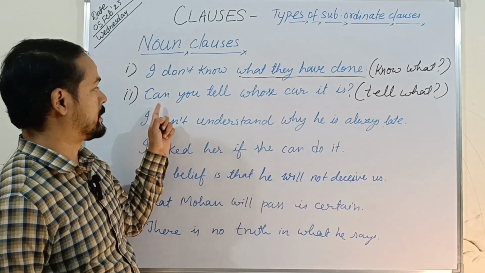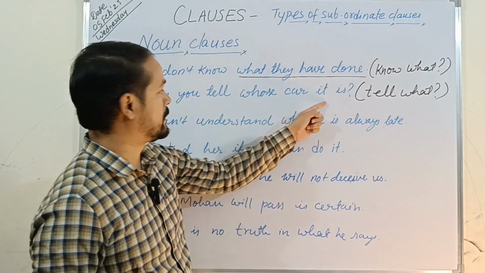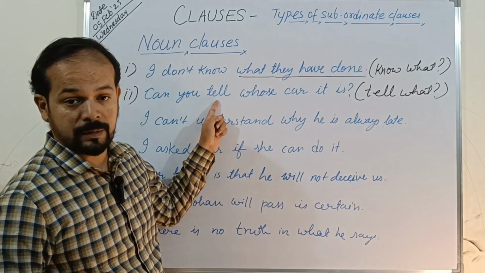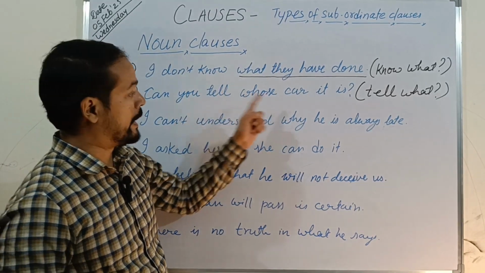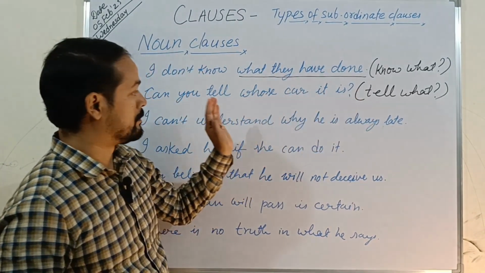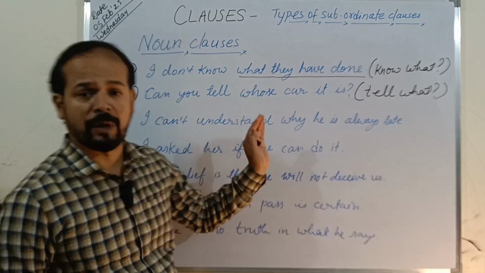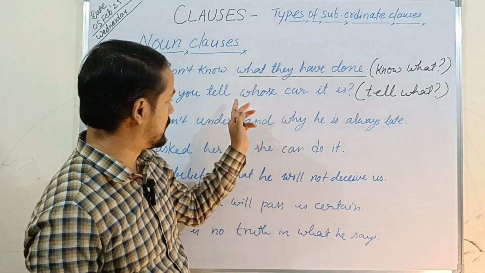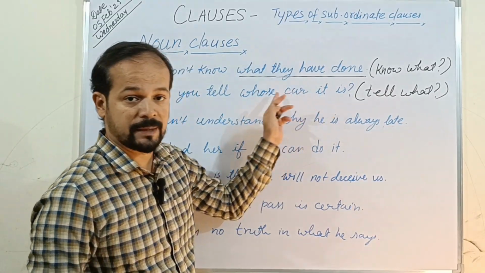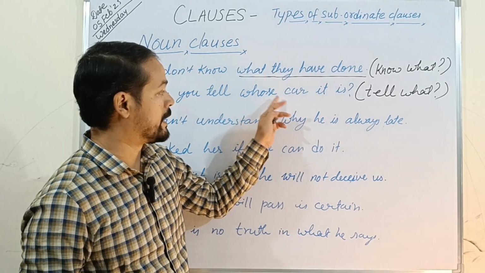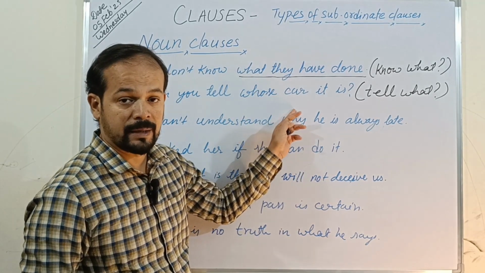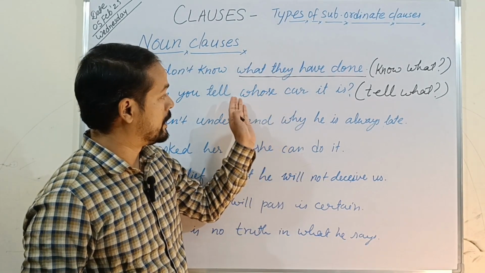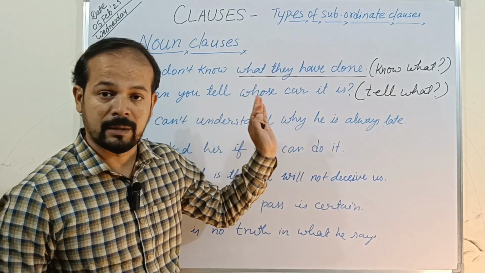In the second sentence, can you tell whose car it is? Can you tell what? So "can you tell what" is actually looking for a noun, and since this is a subordinate clause, there is a finite verb in it, right? It has its own subject and predicate, right? So it is actually a noun clause.